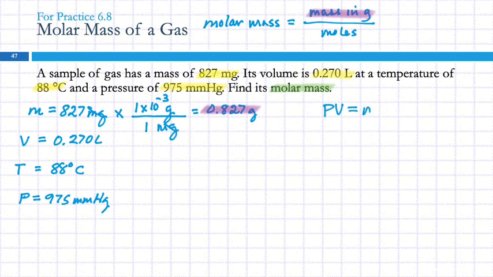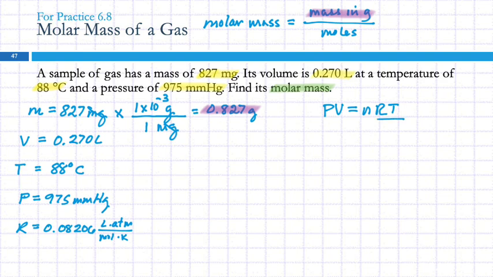PV equals nRT. So we have P and we have V and we have T. And R is a constant that we can just look up. So R is 0.08206 liters times atmospheres divided by moles times Kelvin. And then what we're looking for is n, right? n is the amount of substance in moles.